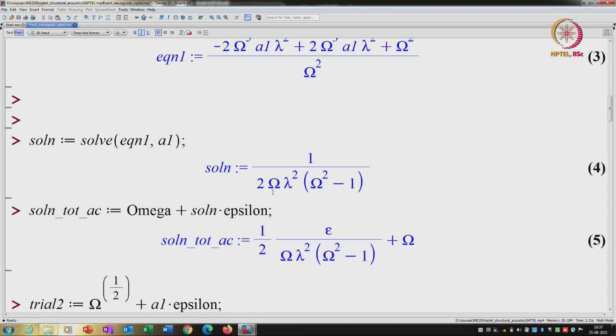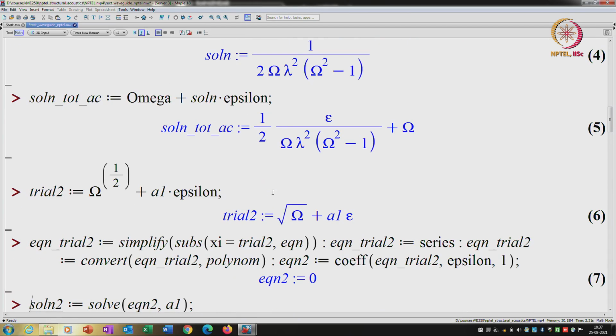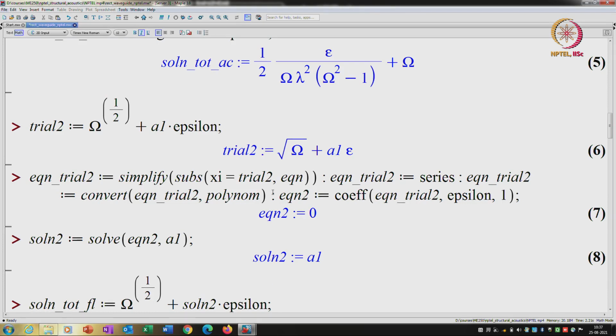Similarly for the flexural wave. Let us run it.